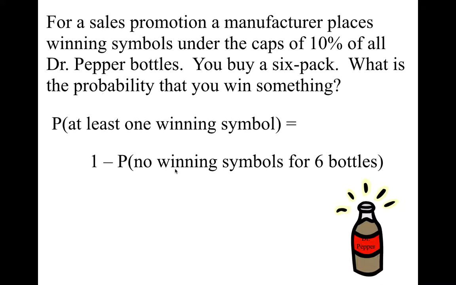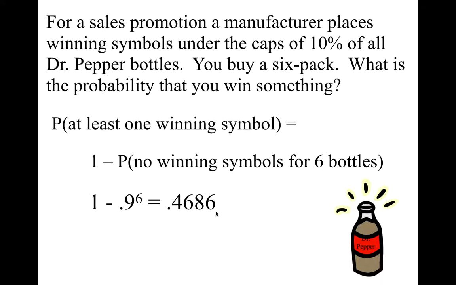And since we're doing 6 of them, we'll have to multiply that complement times itself 6 times. So here's the math. The probability of at least one winning symbol is 1 minus 0.9 to the 6th power, which is 0.4686. That's not too bad. What's the probability that you win something? It's almost 50%.